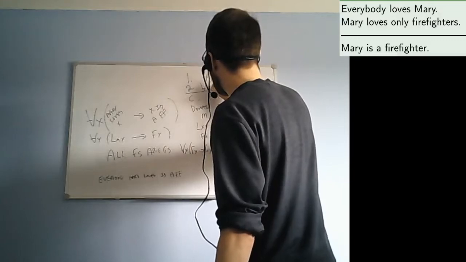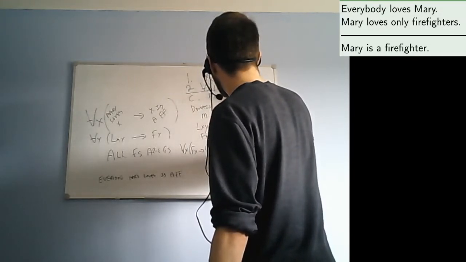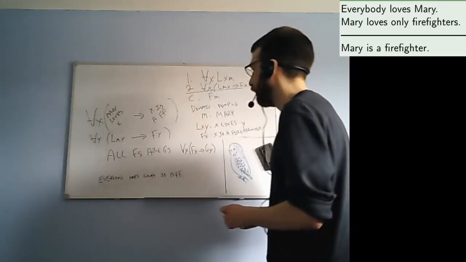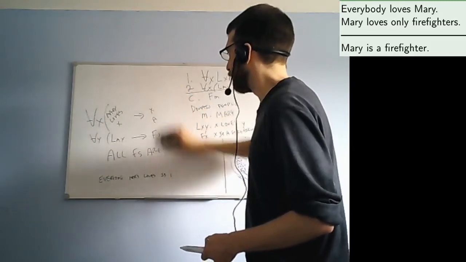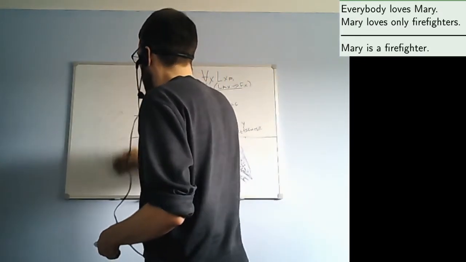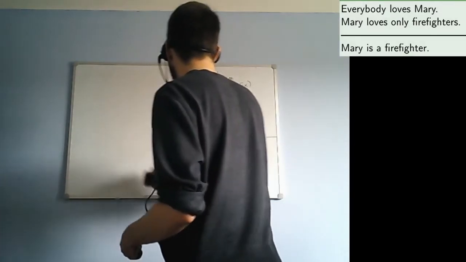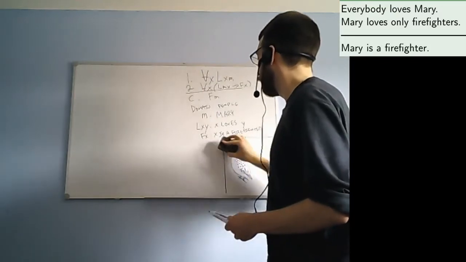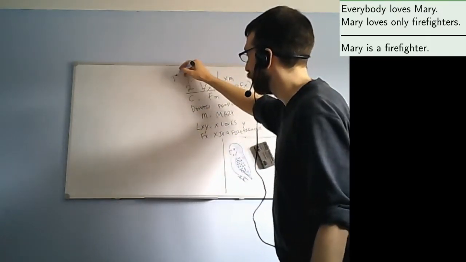For all X, I'm going to go back to X. L, M, X, arrow, F, X. That's our argument symbolized. Now, let's try coming up with an interpretation where the premises are true and the conclusion is false.